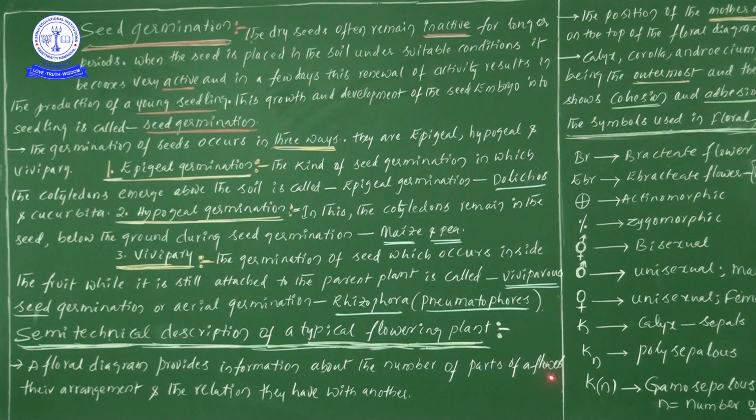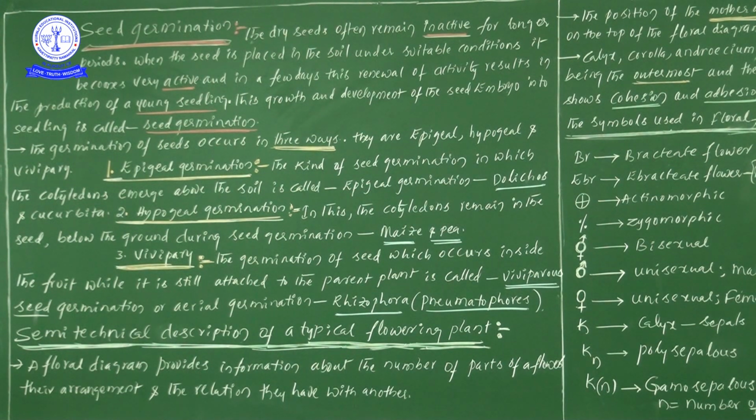We can see the total number of parts of a flower: calyx, corolla, androecium, gynoecium. Their arrangement we have also seen earlier, and their relation with another whorl. So the entire detailed information we can see in a semi-technical description.